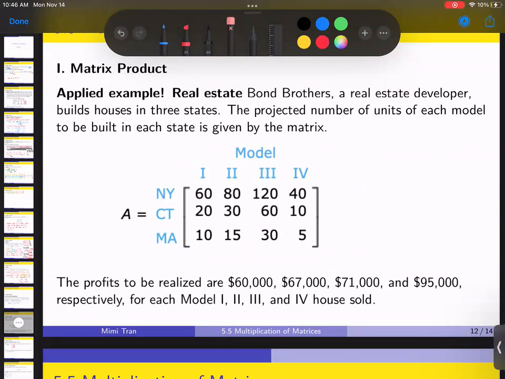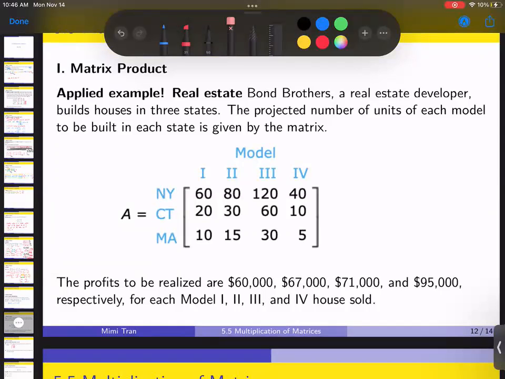Real estate. Bond Brothers, a real estate developer, builds houses in 3 states. The projected number of units of each model to be built in each state is given by the matrix. So here they have 3 states: New York, Connecticut, and Massachusetts. And then the Roman numerals 1, 2, 3, 4 are types of models.